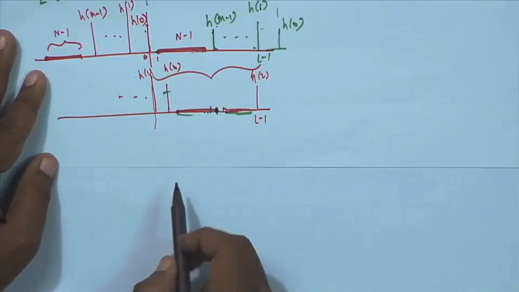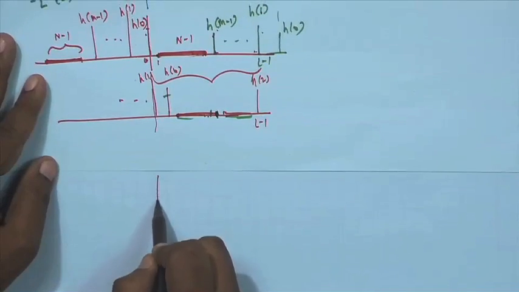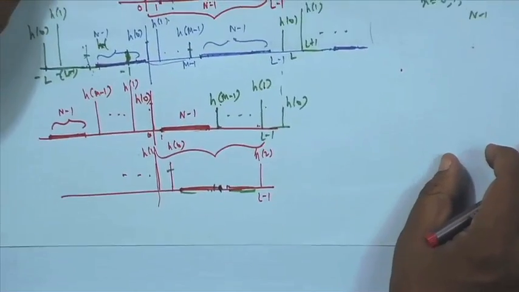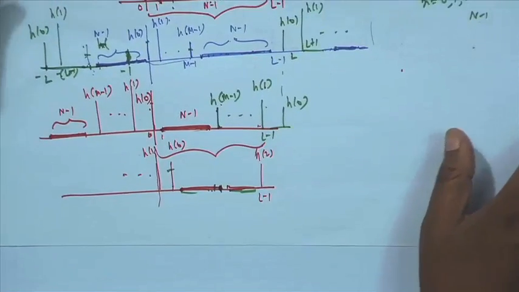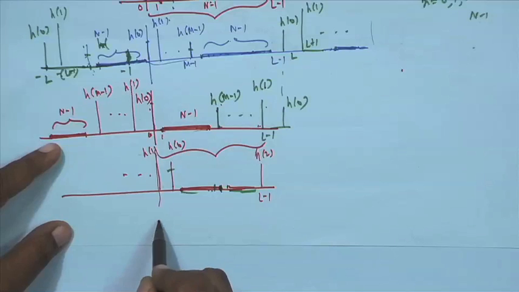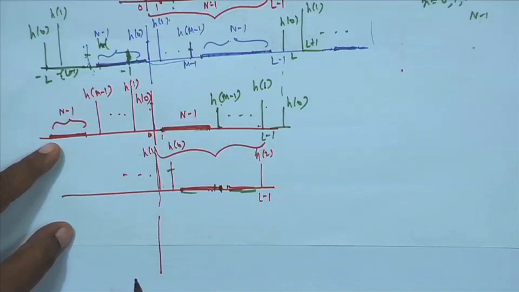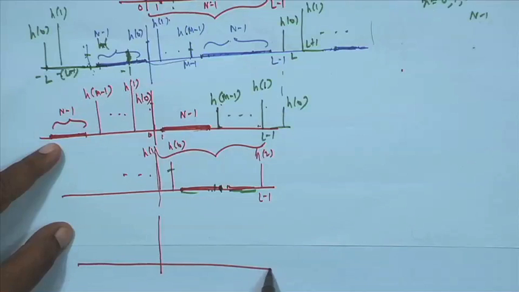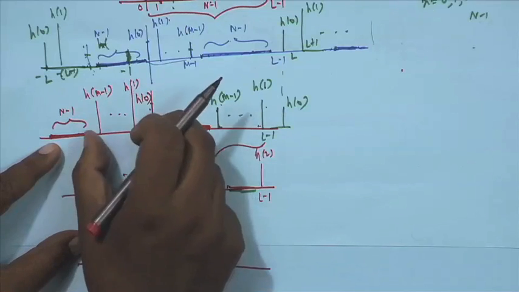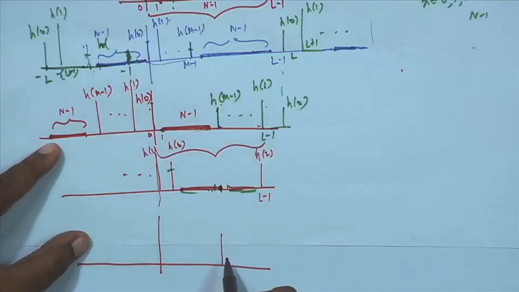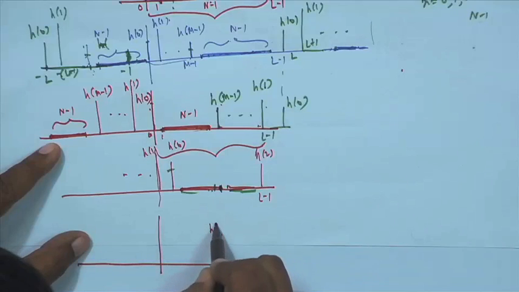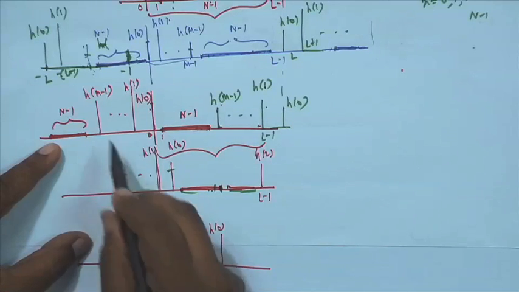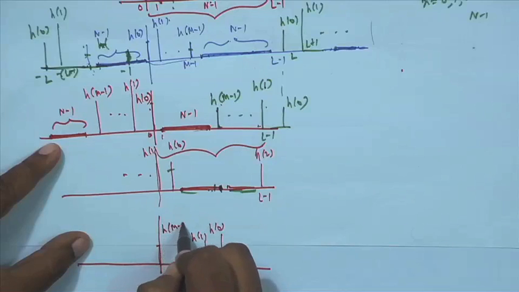After some time, okay, now the whole chunk has come here, say h 0, h 1 and followed by this h m minus 1.